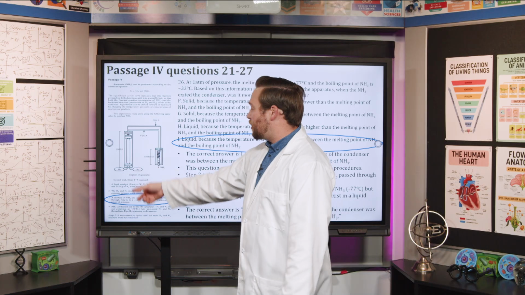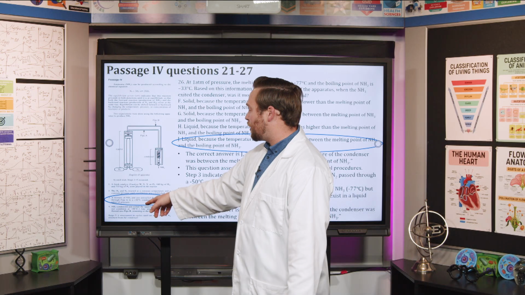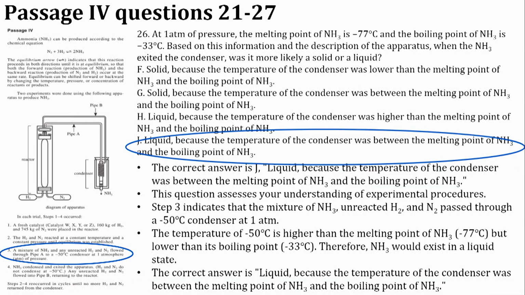Well, if you go over here and read very carefully, number 3, it tells us what the temperature is. It says minus 50. Well, minus 50 is in between the melting and the boiling point, and that means this is most likely going to be a liquid. Again, this is some outside information that you're going to need to know. It does not tell you that a liquid would be in between the melting and the boiling point, but that's something we should just know at this point.